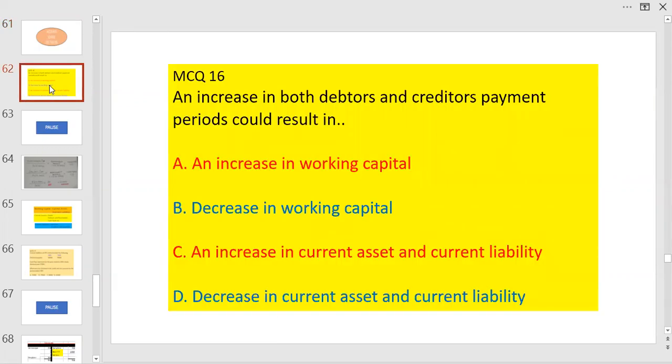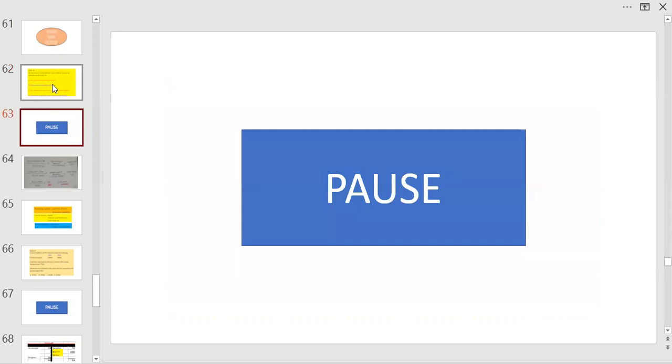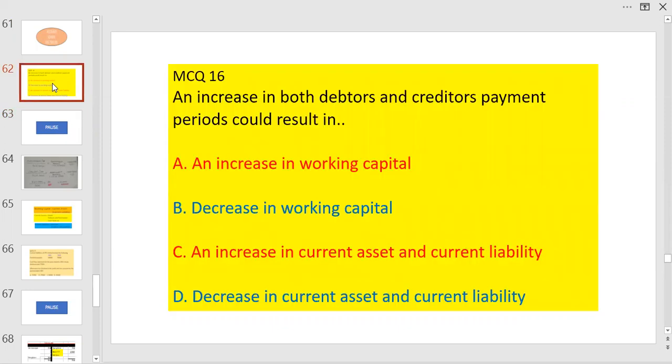An increase in both debtors and creditors payment period could result in an increase in working capital, decrease in working capital, an increase in current asset, an increase in current asset and current liability, or decrease in current asset and current liability. If you look at this question, they have mentioned 2 things here.